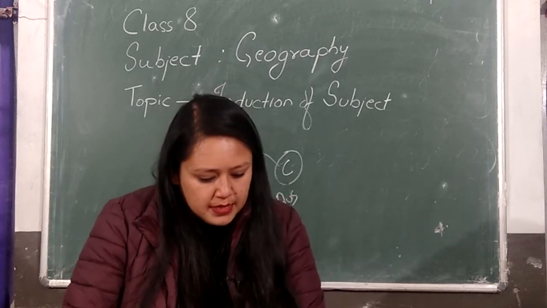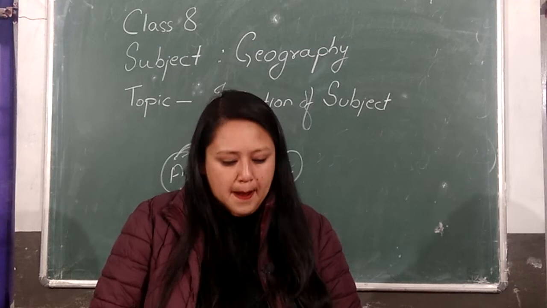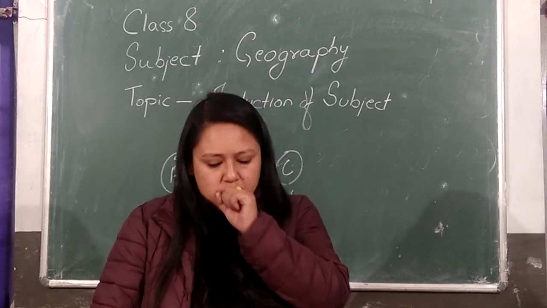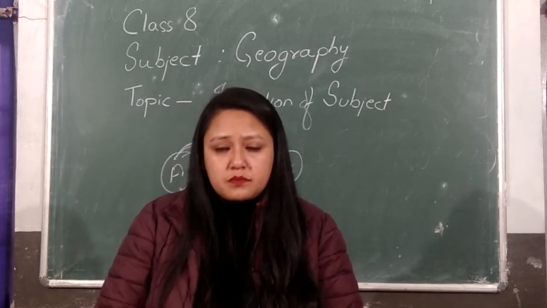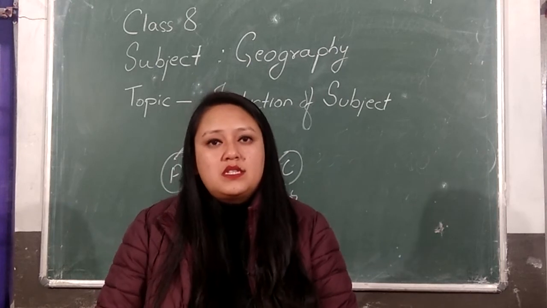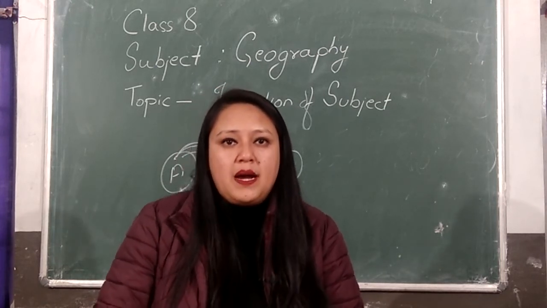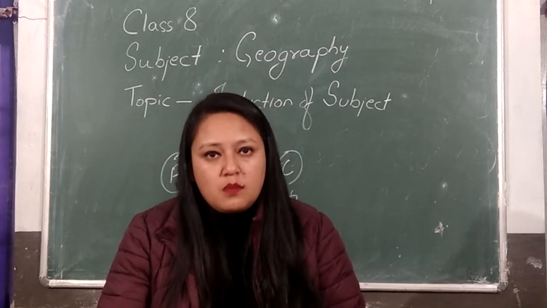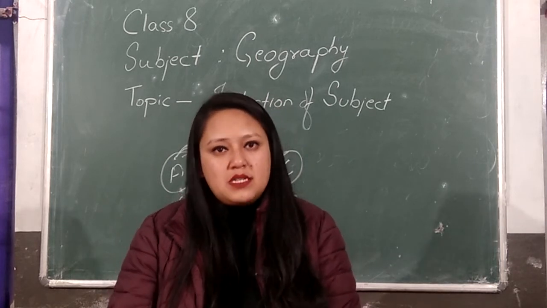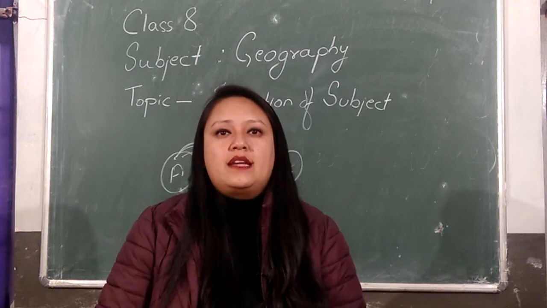Now next we are going to see theme 5. We are going to learn about natural and man-made disasters. In this chapter, we are going to learn what a disaster is, what disasters are caused by the activities of human beings, which are known as man-made disasters, and what disasters are natural.